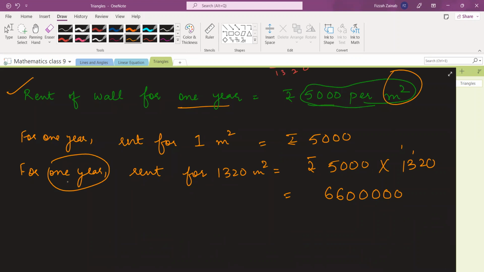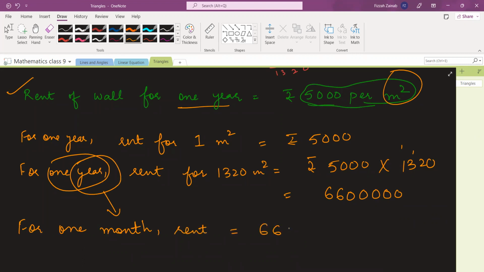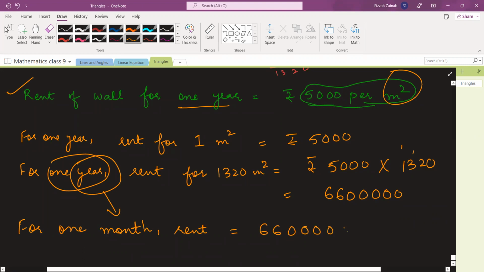So this is for 1 year, and for 1 month if you want to find, you are converting this 1 year into 1 month. So what will be the rent? Rent is equal to this 660000 divided by 12. Is that clear?